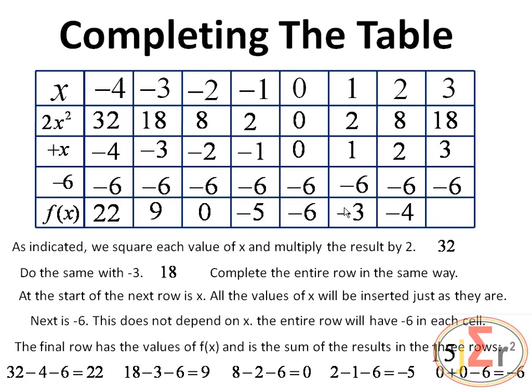And of course we may finish the table in that same manner. Do not forget that this row that we have up here, these represent our initial values that were given to us in the first place and are not a part of the calculation of the values of f of x.